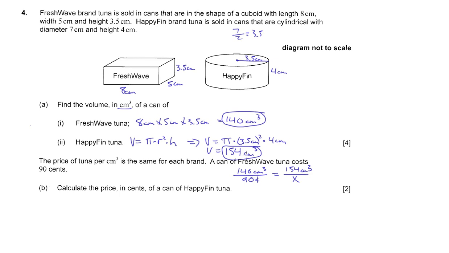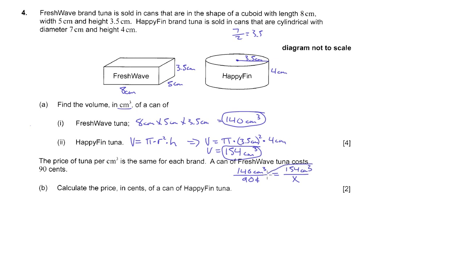So we should hopefully be able to look at this as a ratio. So 140 costs 90 cents. 154 is going to cost how many cents? Okay, this can be set up all sorts of different ways. You could put 90 over 140, x over 154. You could even do 140 over 154 is 90 over x, or vice versa.